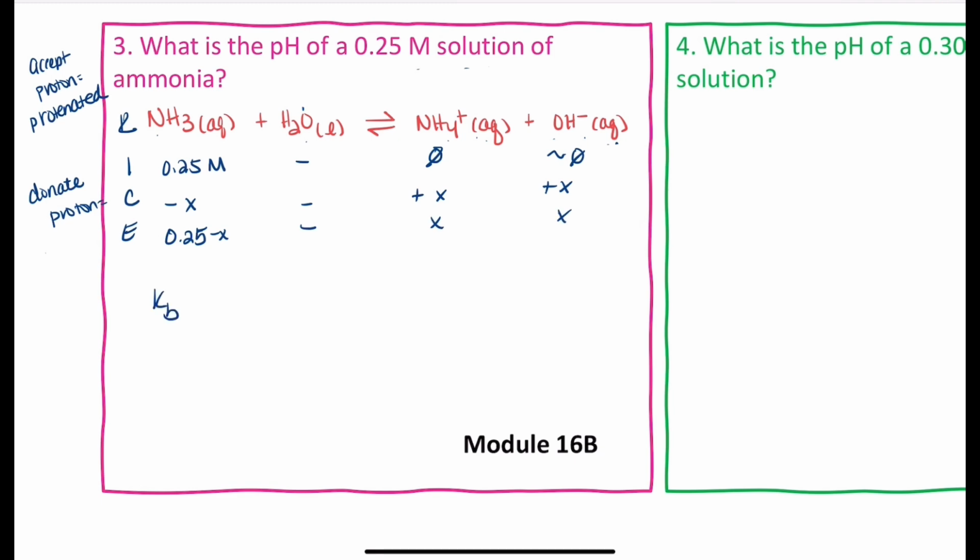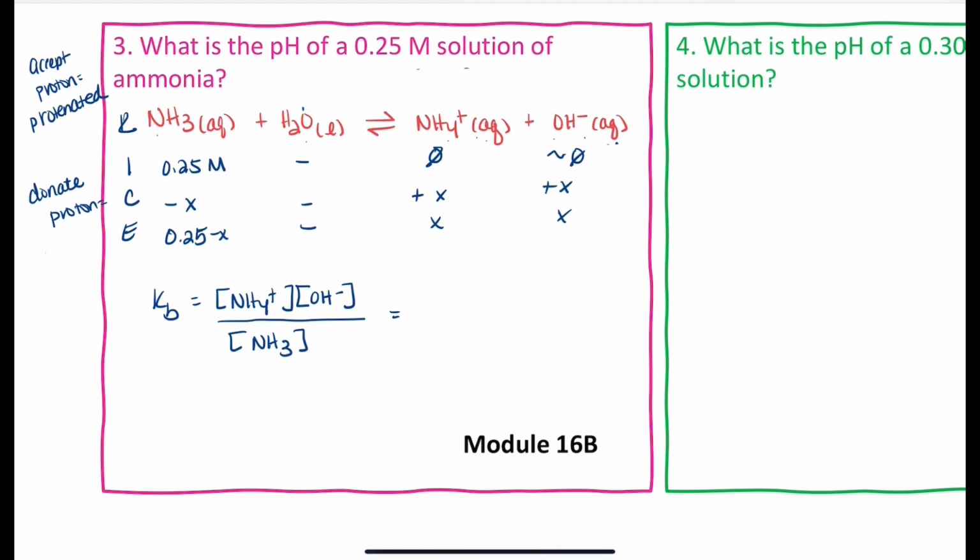When I set up my K expression this time, it's going to be a Kb. And that's because I've got ammonium here, but I've also got hydroxide. So again, if I've got hydronium in my numerator in my K expression, it's a Ka. If I've got hydroxide, it's a Kb, B for base. And then I've got ammonia here.